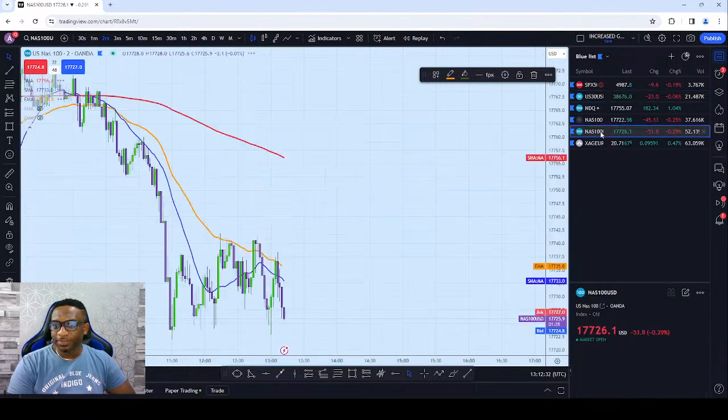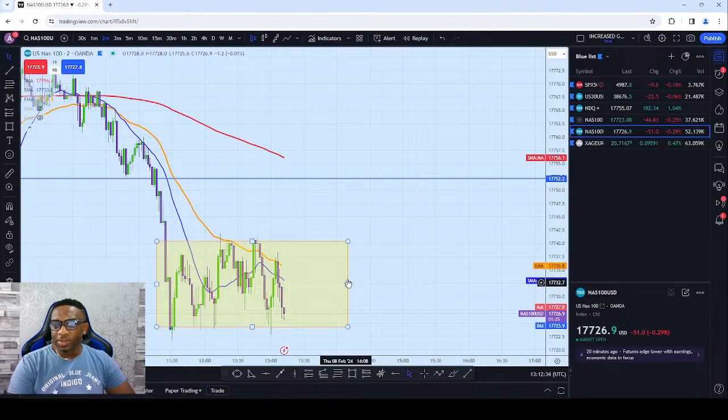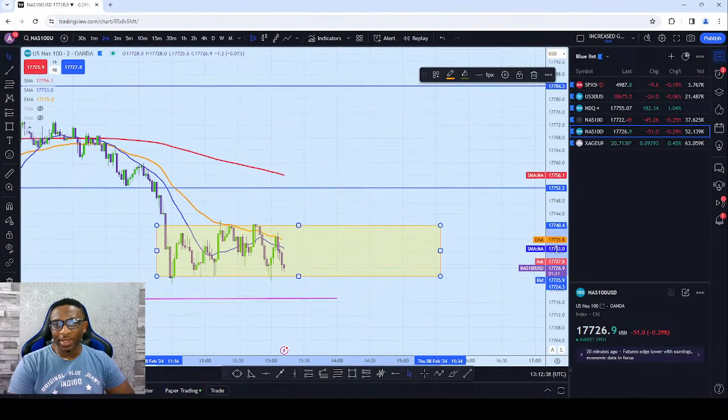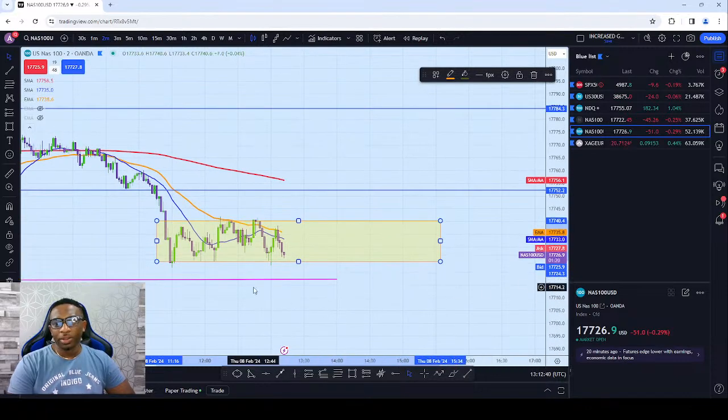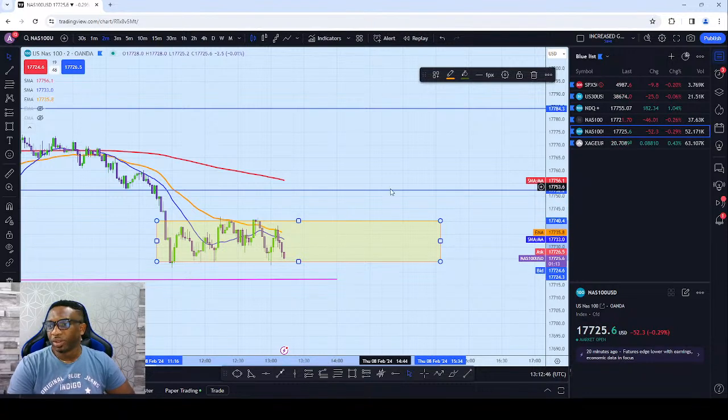Right. Let's see NAS. As you can see, I've boxed NAS also in this range that it is in. So not until it gets out and gives us a clear direction where it wants to go, we are not interested.